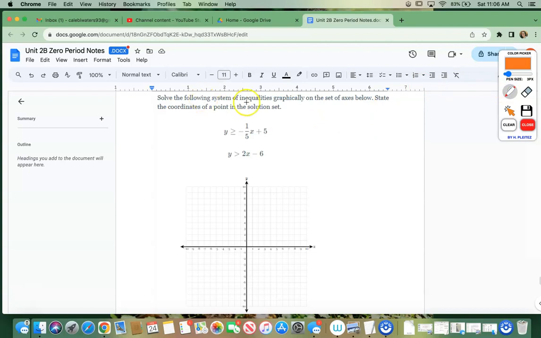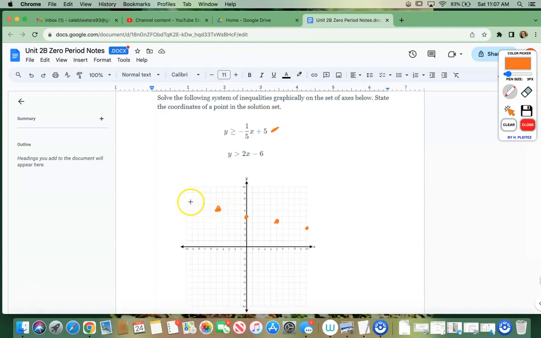So it starts at a y-intercept of 5, and then the slope says -1 over 5, so that's down 1 over 5, and then down 1 over 5, and then I'm going to go backwards 1 over 5 this way, then backwards 1 over 5 again. And then I'm going to draw my line through.